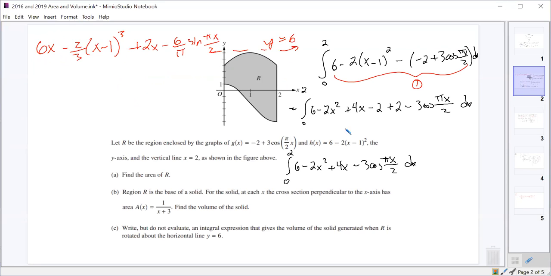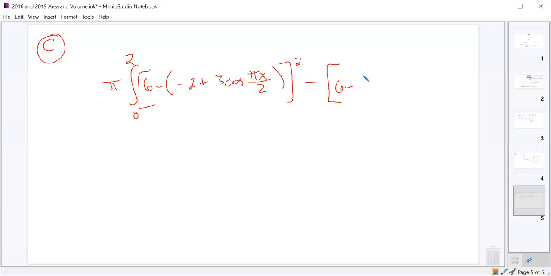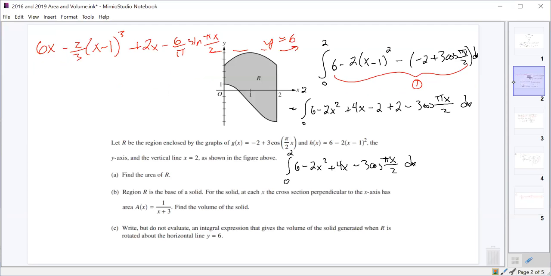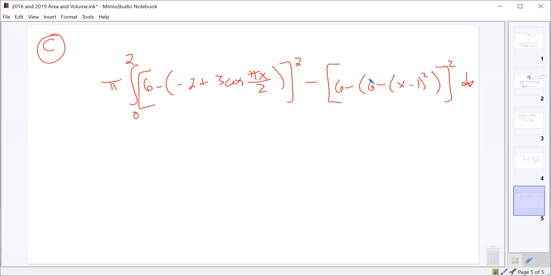So 6 minus this, squared, dx. 6 minus 2 times x minus 1 squared. There we go. And that's it. That's the answer to that one.